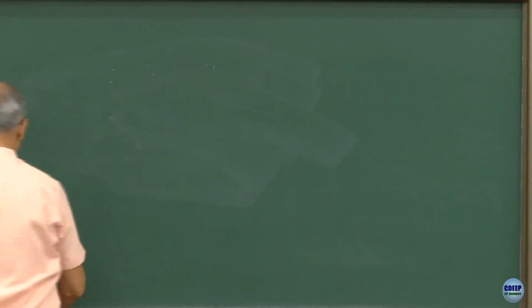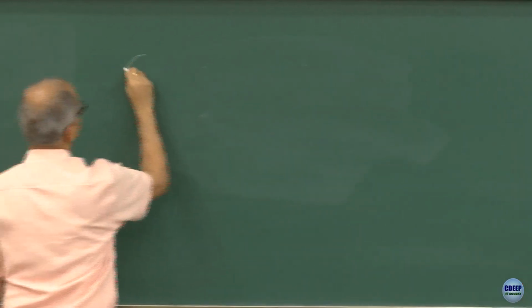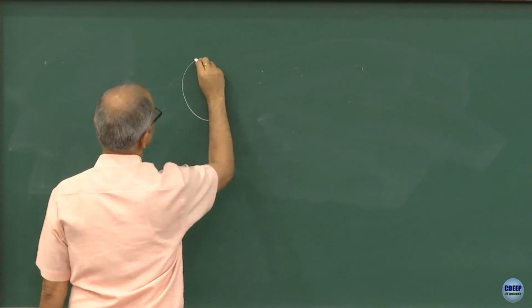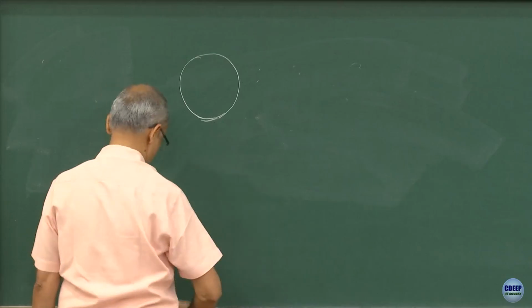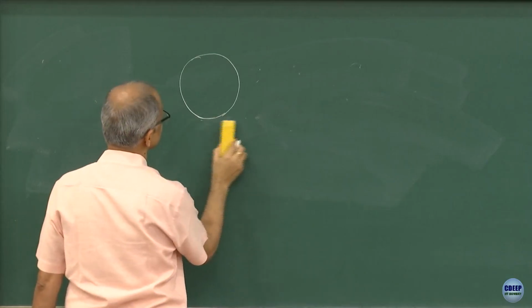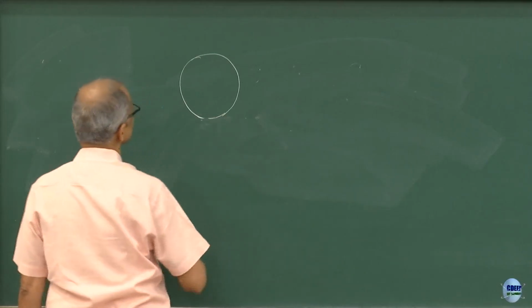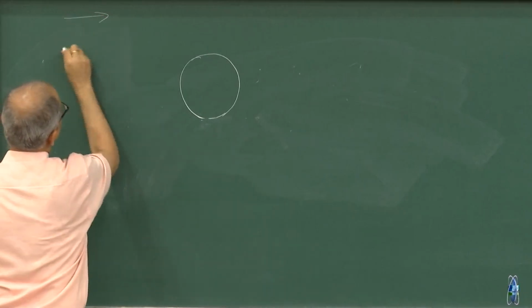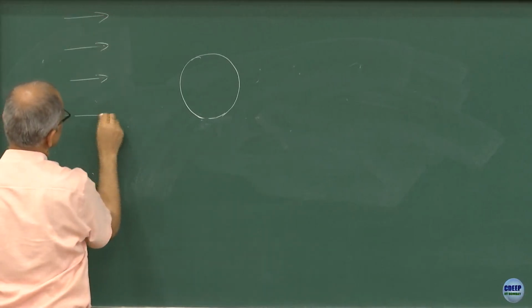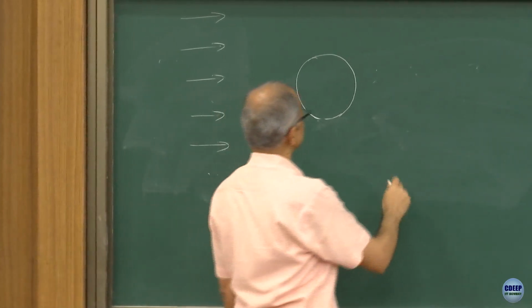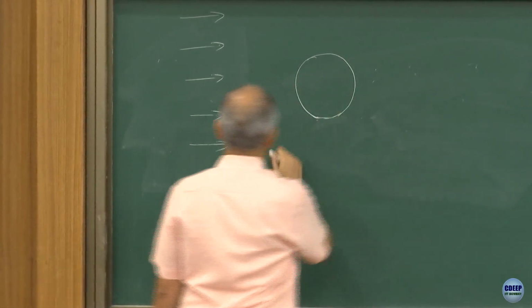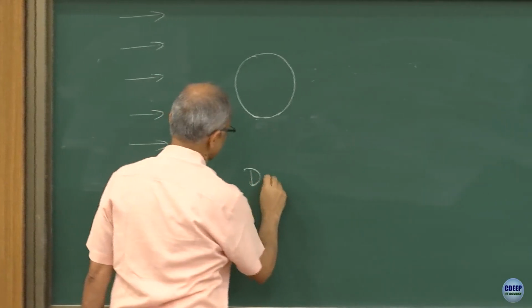So let us say that we have an object which is immersed in the flow. We will take a circular cylinder, just for the sake of simplicity, and say that this object is also very long. So it's a long cylinder that is placed in the flow, and what we are interested in finding out is the drag on this object.